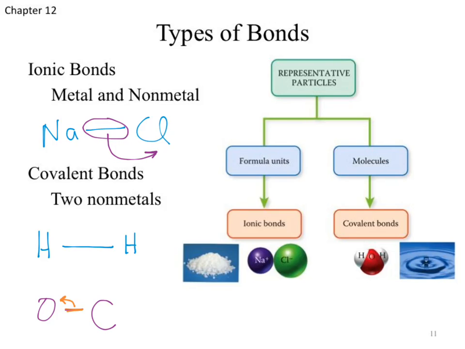So when we go through and look at our two options, we've got ionic bonds and covalent bonds as our big categorizations. Okay? When we're looking at ionic bonds, we typically represent them based on a formula unit. We'll talk about that in a second. In covalent bonds, we look at them as molecules. Okay? And the big difference there is molecules are independent of the rest of the structure.